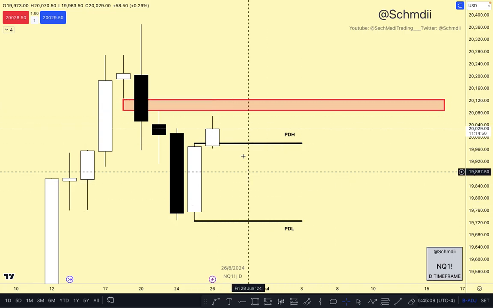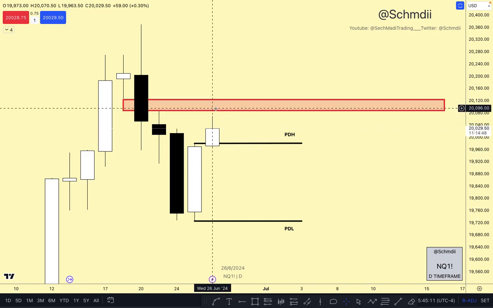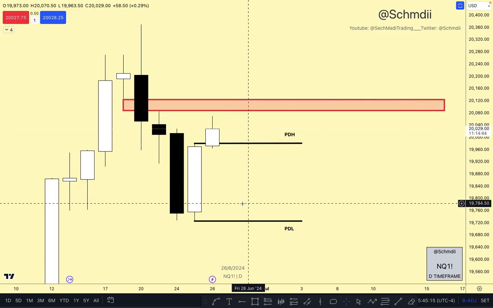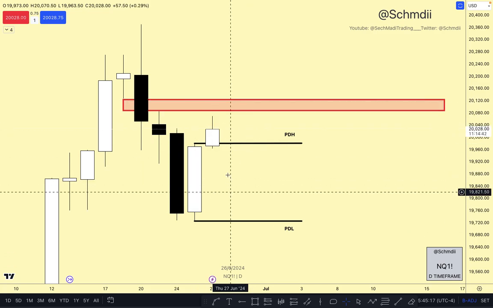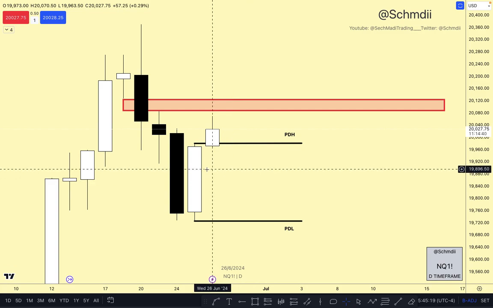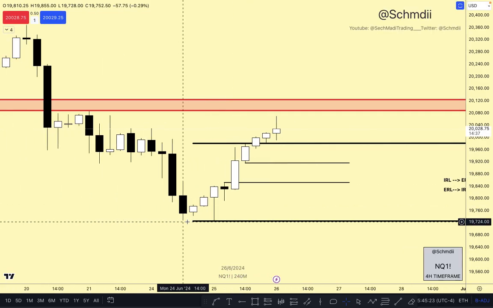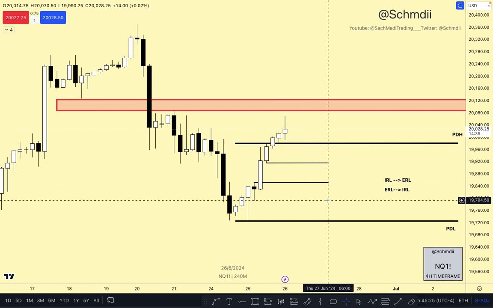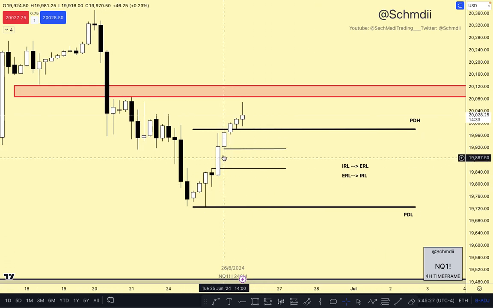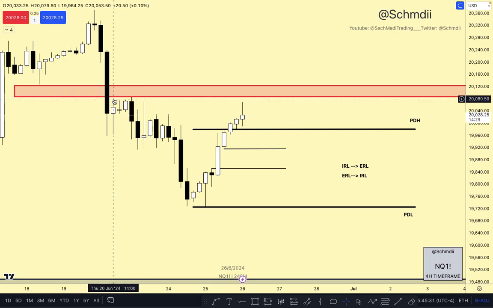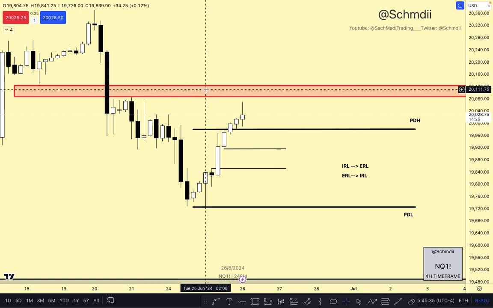So what we could potentially see is price pushing up into this area before perhaps extending down towards a pool of internal range liquidity. That would be that 4-hourly PD array, or this imbalance here that I'm looking at price potentially making its way to fill out. So we have stops here, liquidity, that gap as well.